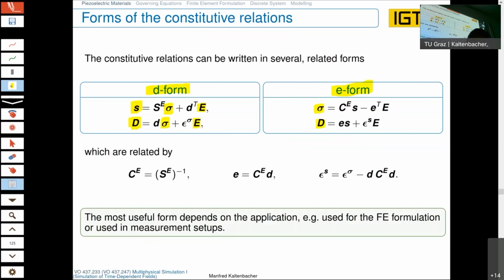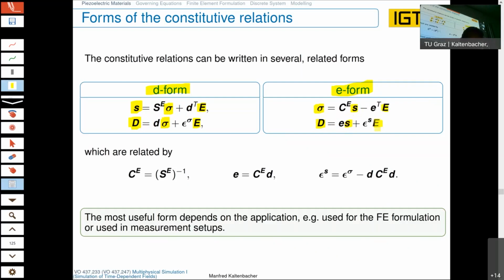So this here is just a reformulation of the D form and gives us the E form, where we can express the mechanical stress as a part where we have the mechanical strain and the electric field, and a part again for the dielectric displacement as a function of the mechanical strain and the electric field E.